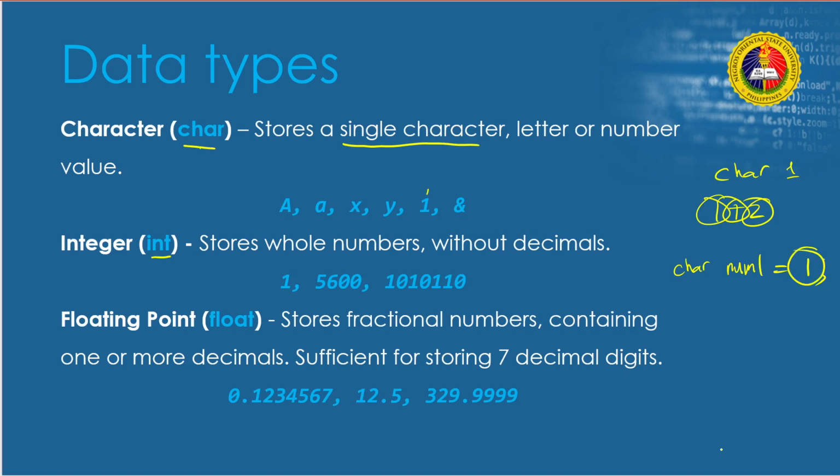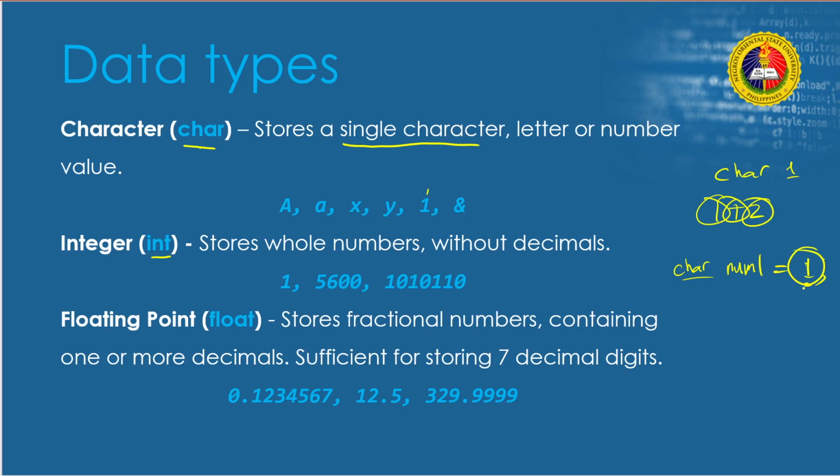It can no longer be computed with any other numbers because it became just a symbol, it became a character, and it has no value if we're going to use char. Got the idea? That means if we're going to use char for 1, we cannot compute it by adding it to any other number or something like that. So the compiler will understand that this is not a number but a mere symbol.